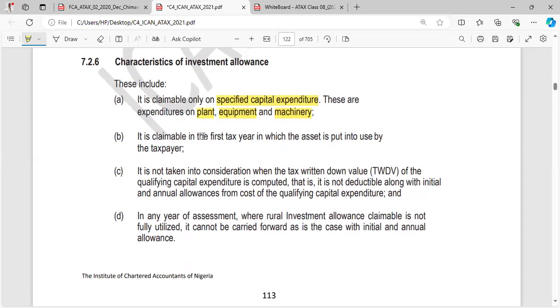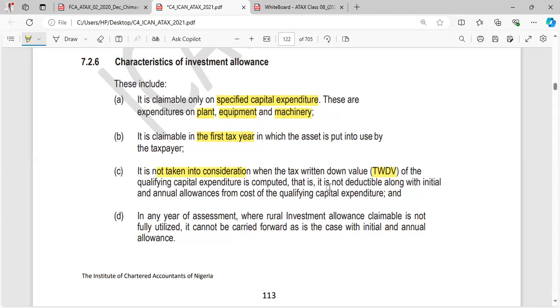Investment allowance is claimable in the first year in which the asset is put into use by the taxpayer. Then it is not taken into consideration when the tax written down value of the asset is being computed.